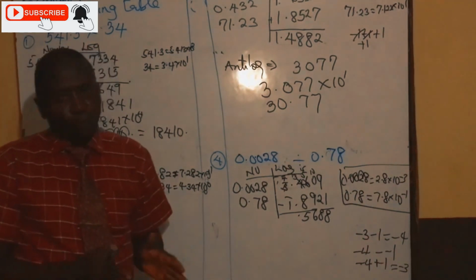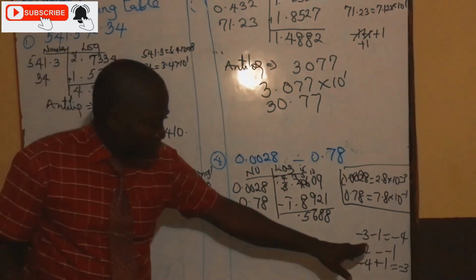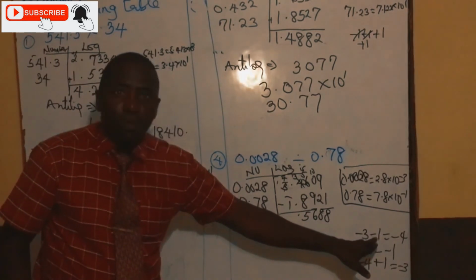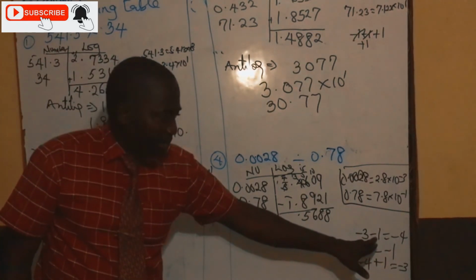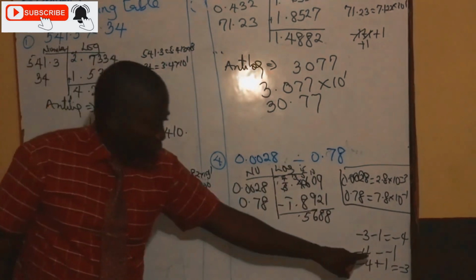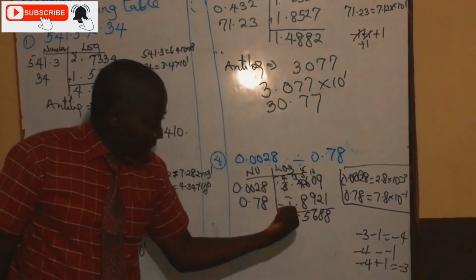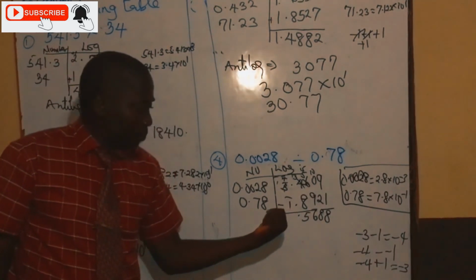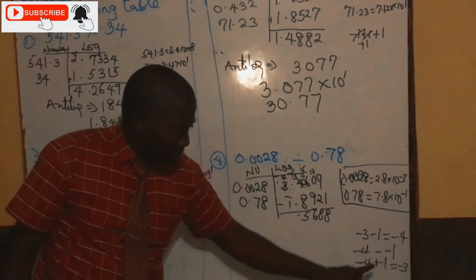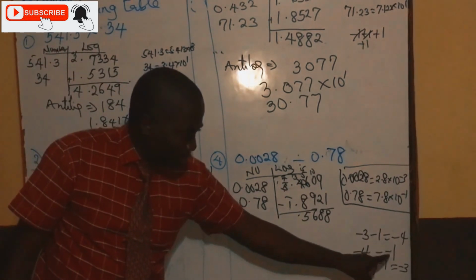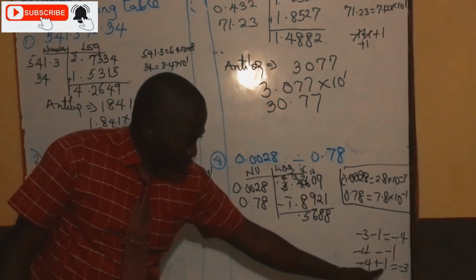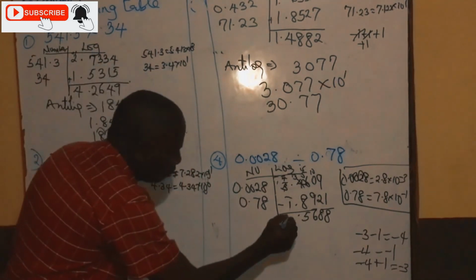When you borrow, you subtract 1. So now that we borrow 1 from minus 3, we take away 1, which is minus 3 minus 1. It turns to minus 4. So when we now subtract minus 1 from minus 4, it will now be minus 4 minus minus 1. Minus turns to plus, becomes plus 1. So minus 4 plus 1 becomes minus 3. So we have bar 3.